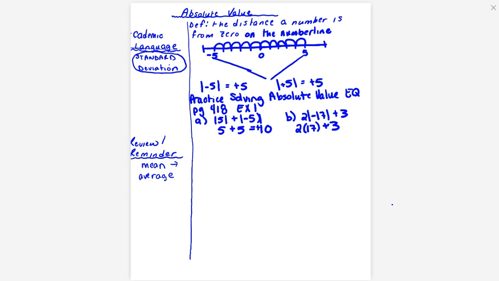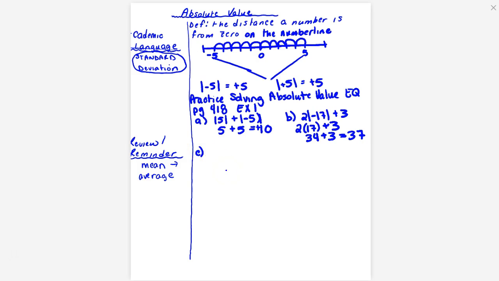And this is going to take one more step here because I'm going to say 2 times 17 is 34. I'm doing my mental math pretty quickly, so please let me know if I mess up anywhere. 34 plus 3 is 37. Okay, so the answer there is going to be 37.